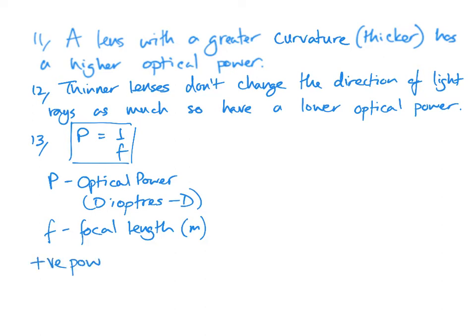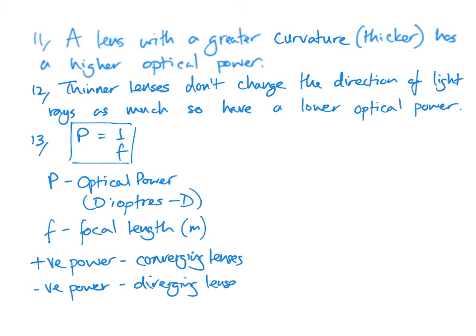So positive power for converging lenses, negative power for diverging lenses. And then we'll do some examples.